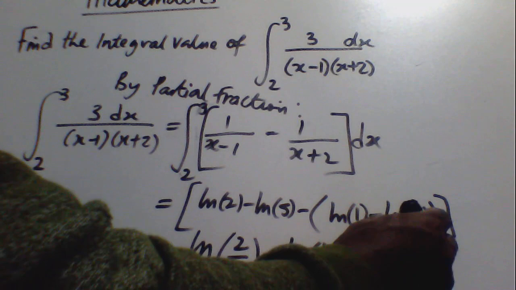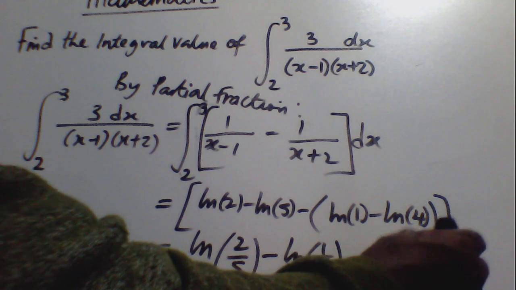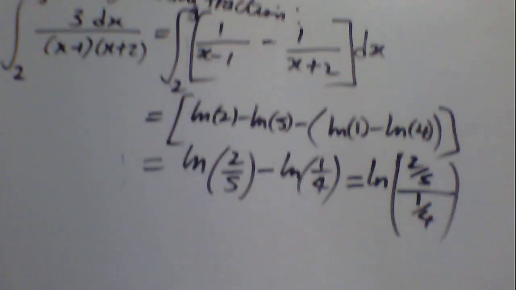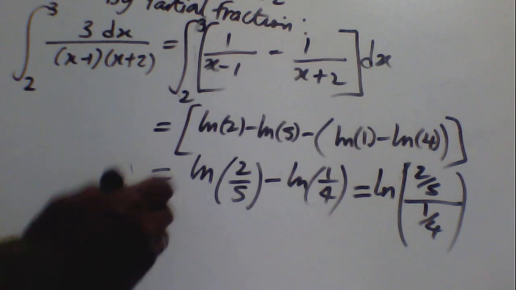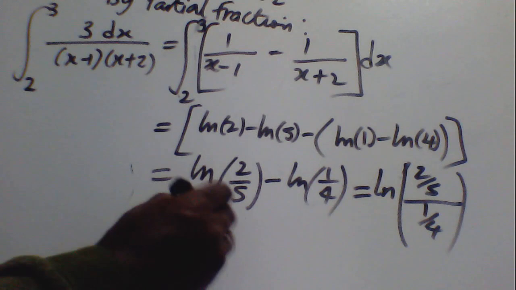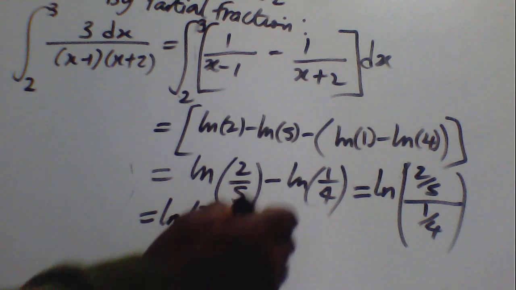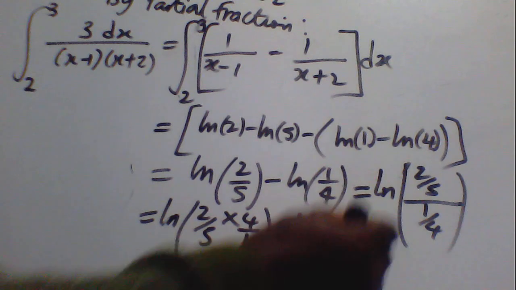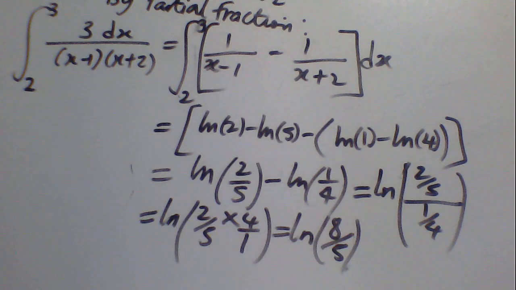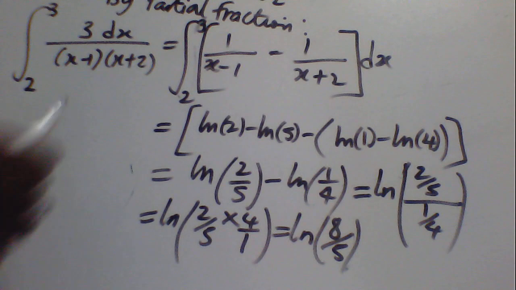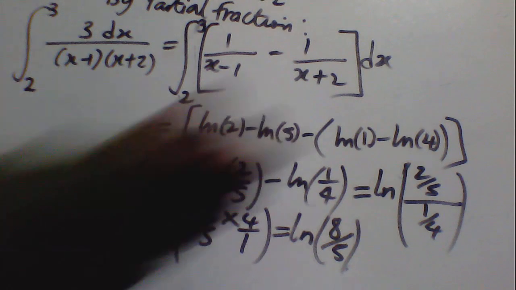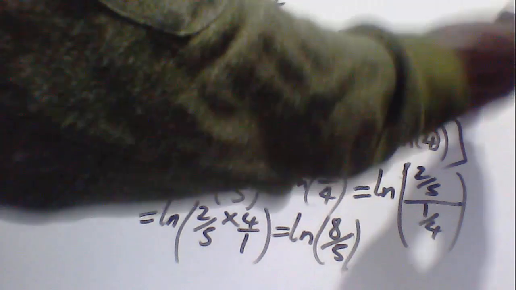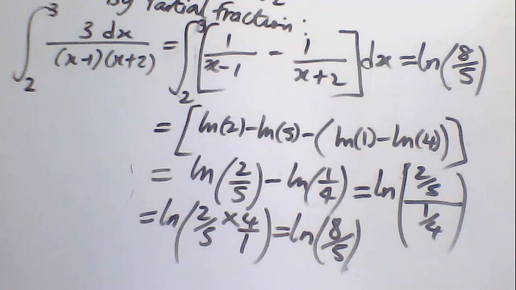We have ln of the bracket 2 over 5 divided by 1 over 4. So we have ln of 2 over 5 times 4 over 1, and that gives us ln 8 over 5. So that is it, which means the integral value of this definite integral is equal to ln of 8 over 5. You don't put a constant because it's a definite integral.